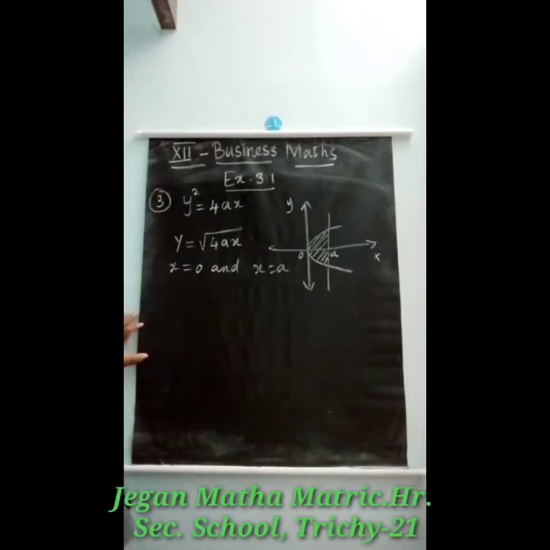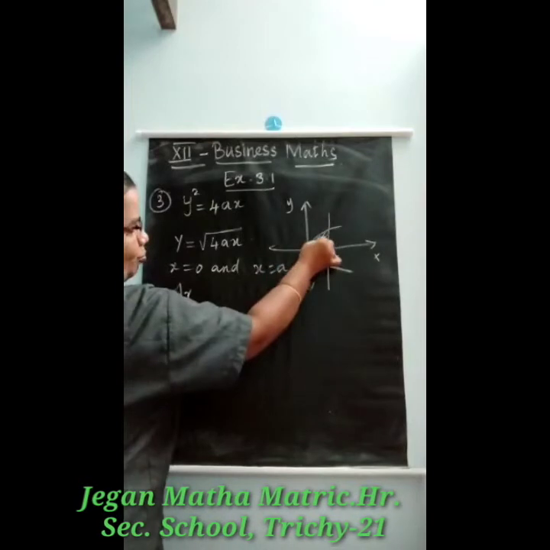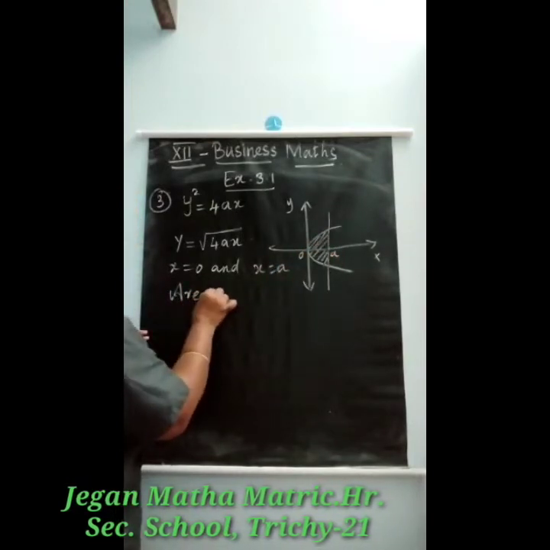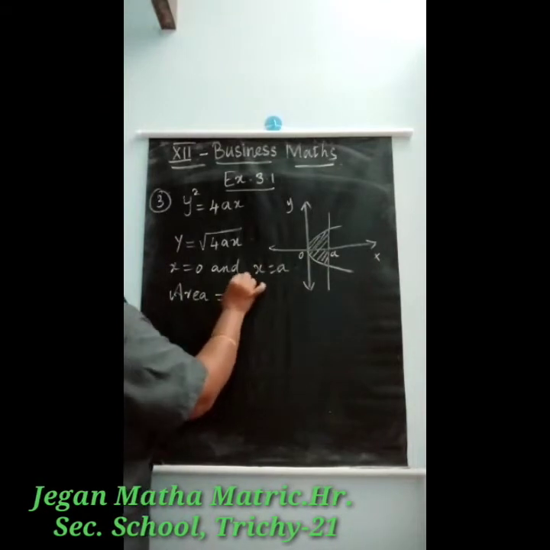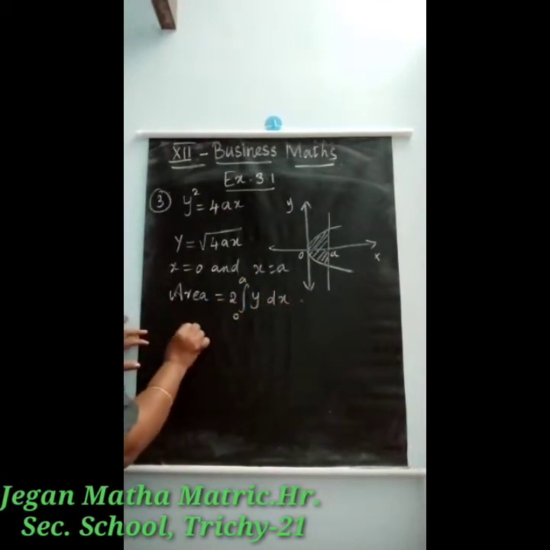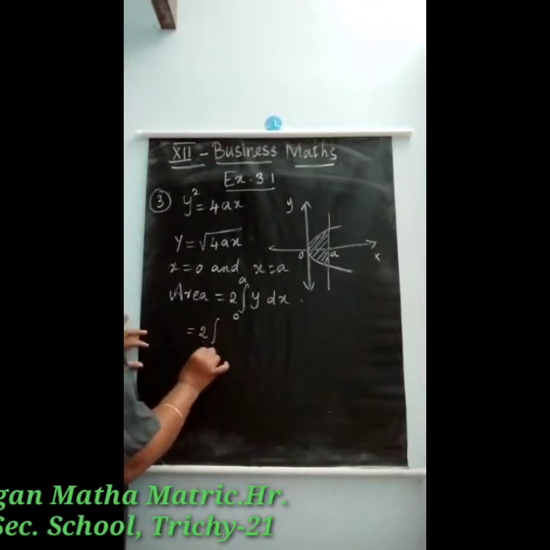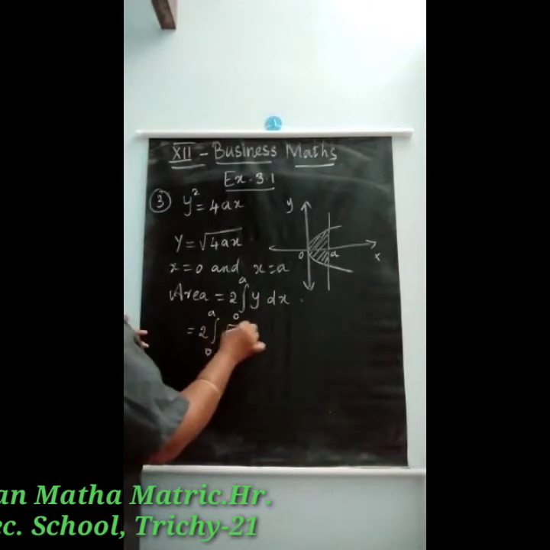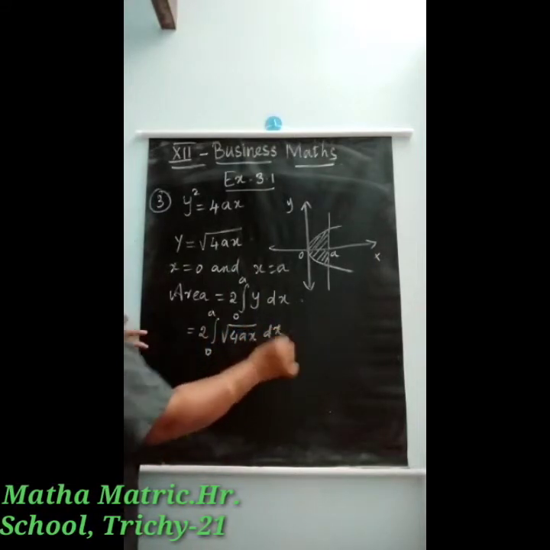What is the area? We have to find out the two parts. So, we have to take 2 into integral of 0 to a y dx. That is equal to 2 into integral of 0 to a root of 4ax into dx.